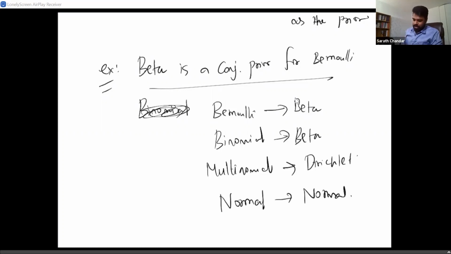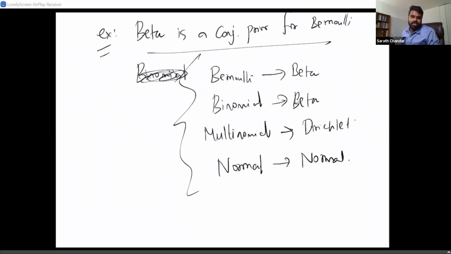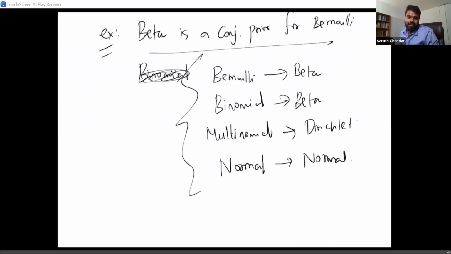Now, as I said, this idea of conjugate priors is well established, and now there is a question, right? Can I find a conjugate prior for every likelihood function that I have? The answer is no. You cannot find a conjugate prior for every possible distribution. However, there exists a family of distributions called the exponential family.